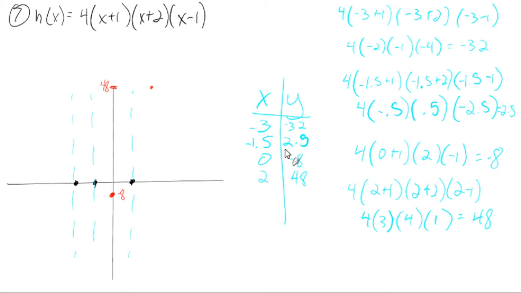Negative 1.5, 2.5. So 2.5 is pretty small. It's like right there. This barely gets above the x-axis. And negative 3, negative 32. Let's just put it there. Just a rough sketch is just fine.